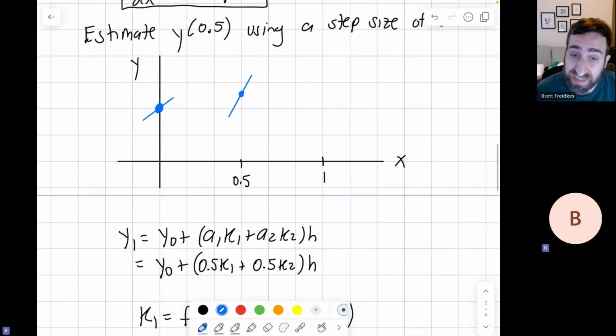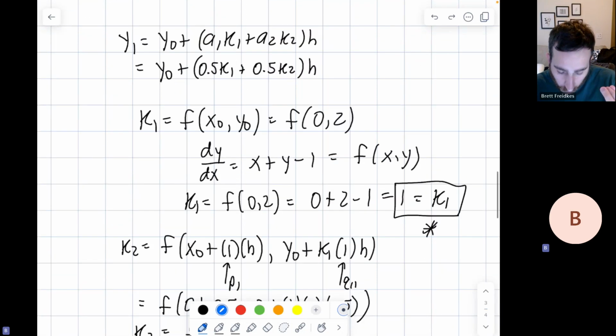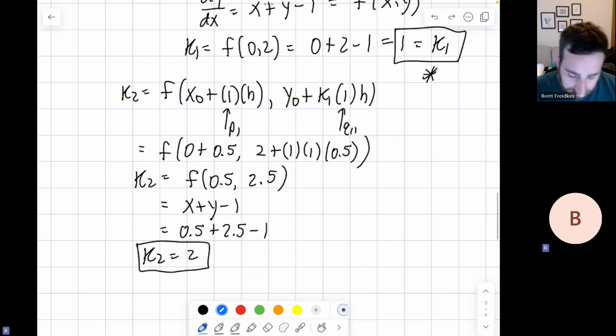And this just so happened to be at 0.5 for Heun's method. It's not always at 0.5. It's not always at the x value we're trying to evaluate at. Like in this problem, we said y of 0.5. This second point could be something else depending on what P1 and Q11 are. But in this specific example, because they end up being 1, we end up evaluating the slope at 0.5.